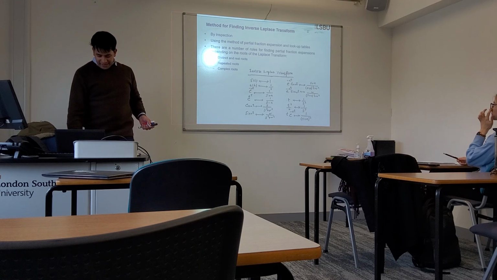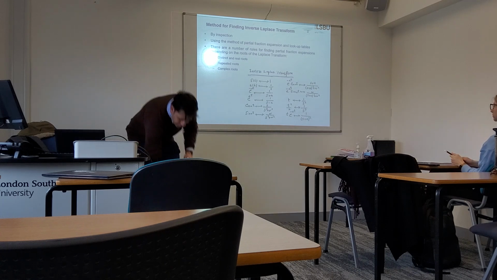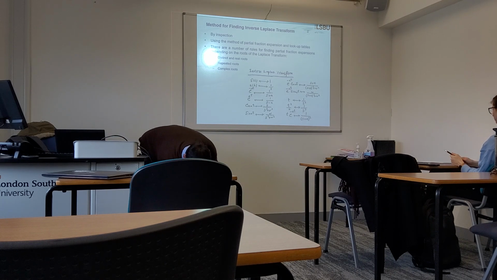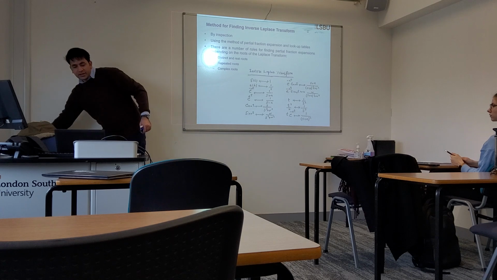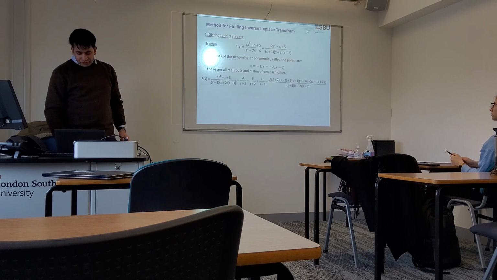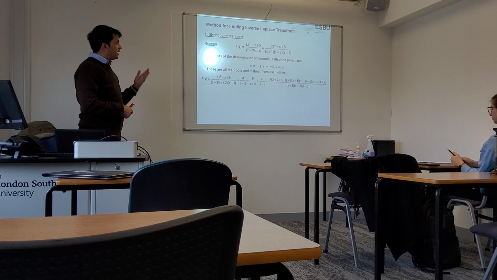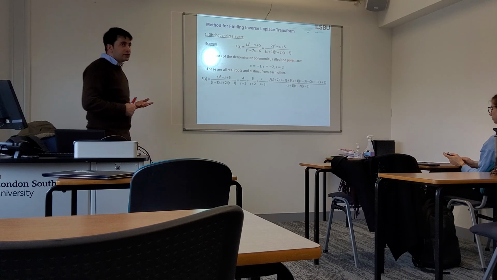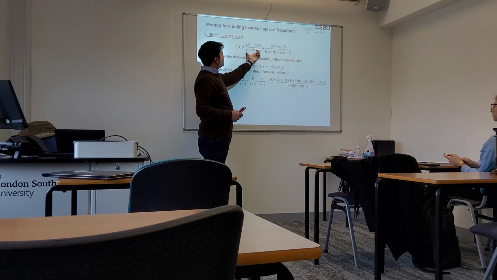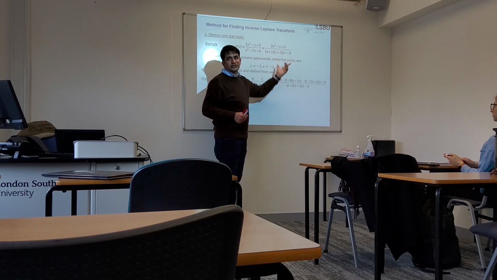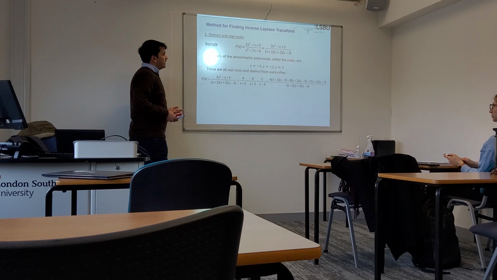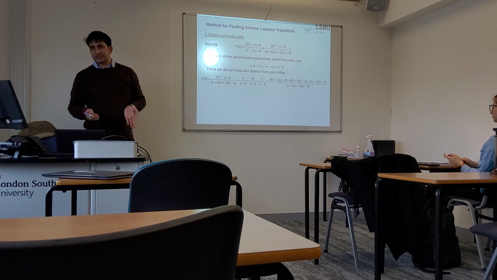We moved on and we solved one of the examples in which we had distinct roots. So sometimes you get an equation in this form, sometimes you directly get your transfer function in this form, and in this case we said that we need to apply partial fraction.